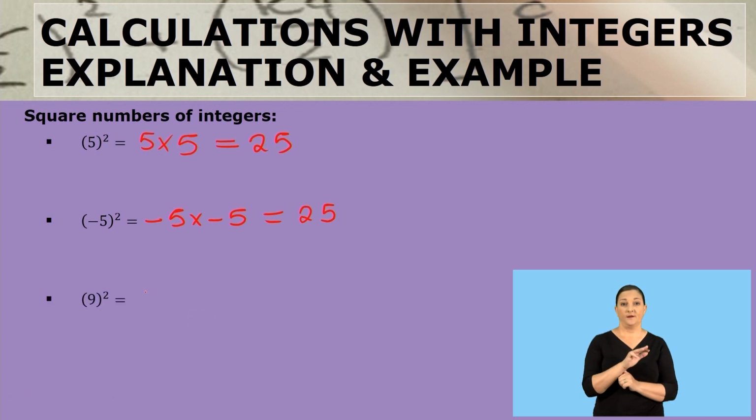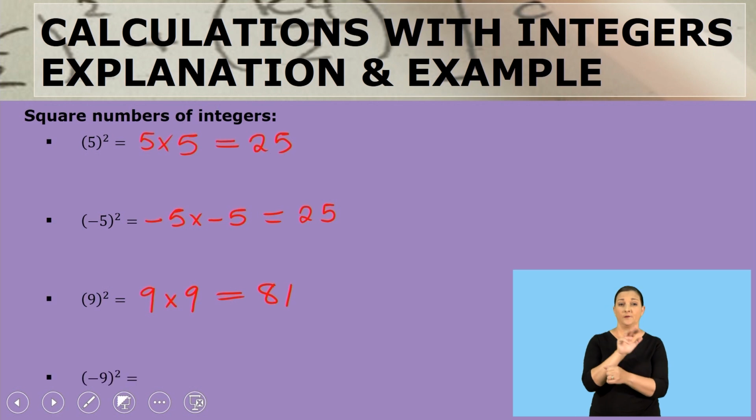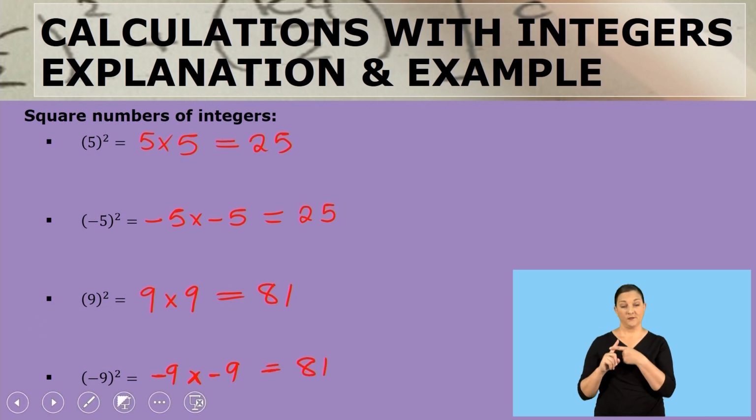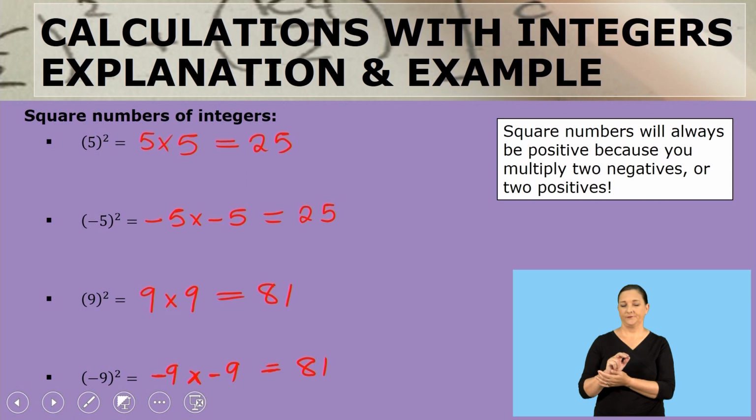Then I have 9 multiplied by 9, which is 9 squared, and our answer there is 81. And if I have a negative 9 squared, that is negative 9 multiplied by a negative 9. Again, multiplying two negative numbers will give us a positive answer of 81.